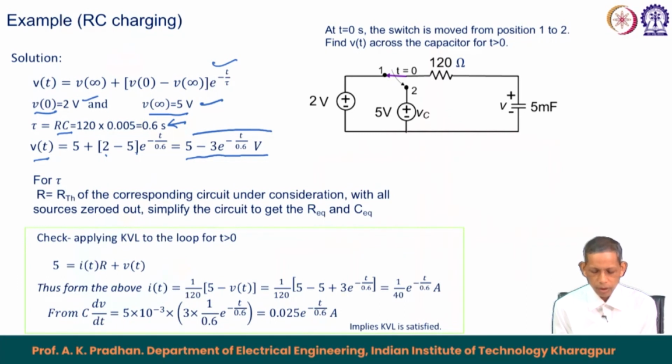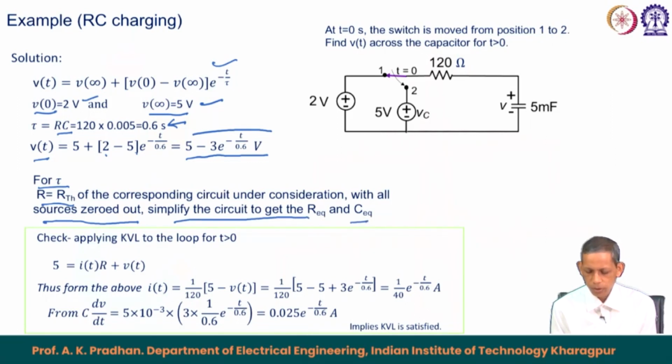Now, note one thing we should learn here: the R value which we will be calculating in many places is R equals R T H, the Thevenin's equivalent from the circuit under consideration with all sources zeroed out, just like Thevenin's. Simplify the circuit to get the R equivalent and C equivalent.